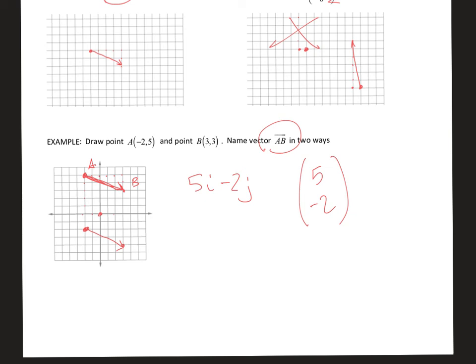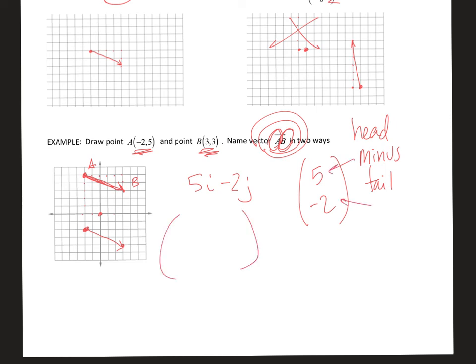There absolutely is, and this is probably one of the most important things about vectors: you would do head minus tail. I want vector AB. That means I'm going to take this head, these 2 B coordinates, and subtract the tail, which is the A coordinates.